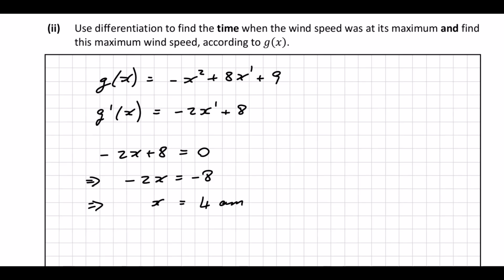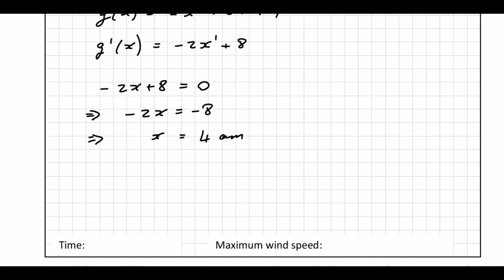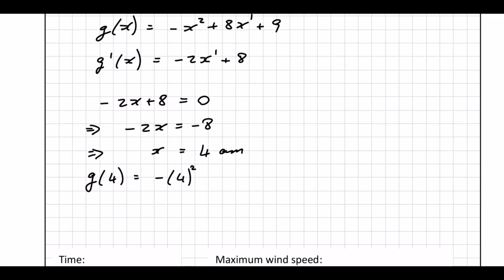So 4 a.m. was when the wind speed was at its maximum. To find that particular maximum, we just need to put that 4 back into the original equation. So let's do that. We want g of 4. That's going to be equal to minus 4 squared, plus 8 times 4, and then add 9. 4 squared is 16; we're not squaring the minus.